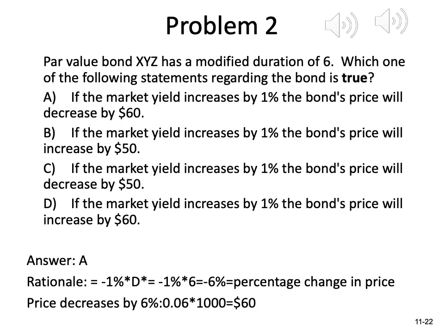Modified duration is 6 according to the question. 1% is the increase in the interest rate. So an increase of 1% in the yield will reduce the price 6%. So a 6% decrease times $1,000 face value is $60.